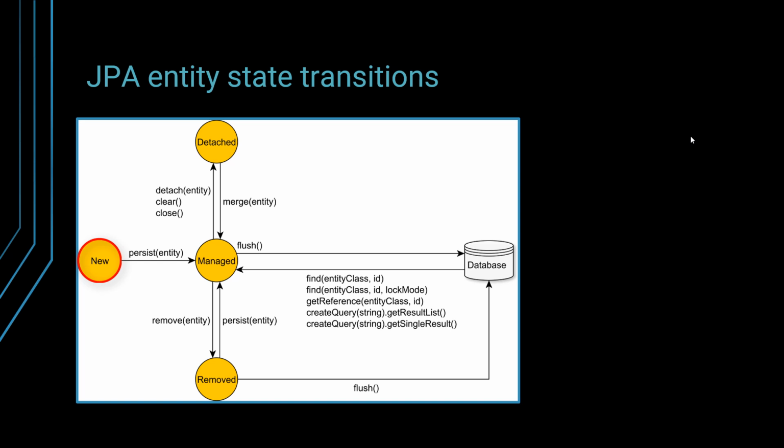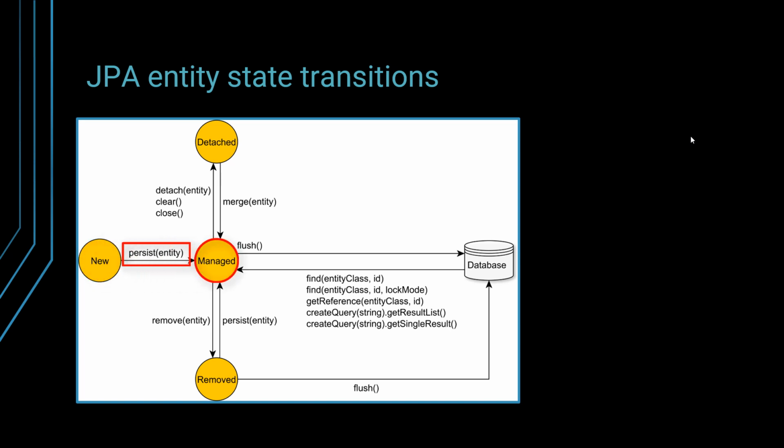In order to persist it, you have to call the persist method on the entity manager. Normally, when you're using Spring Data JPA, you're calling save, and if Spring Data JPA figures out that it's a new entity, it's going to call persist. And at that point, the entity is in the managed state.